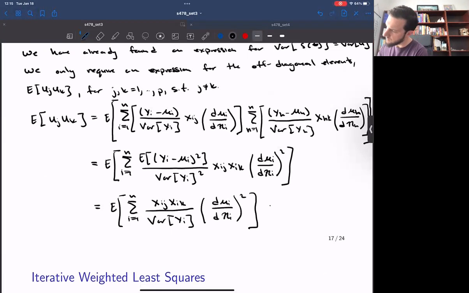And then we can say that this is going to be the information function for beta j, for each beta j.